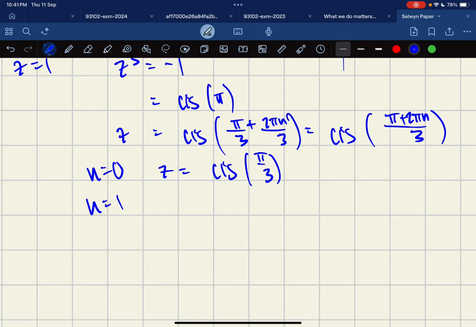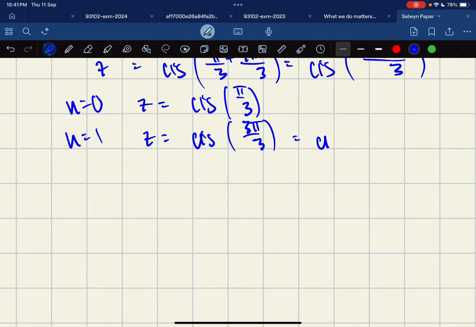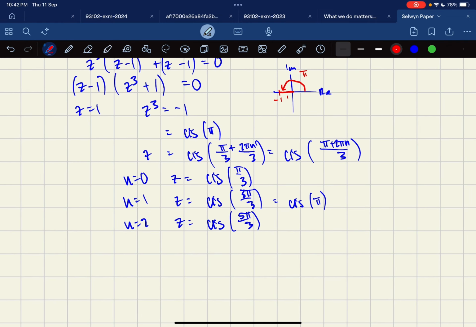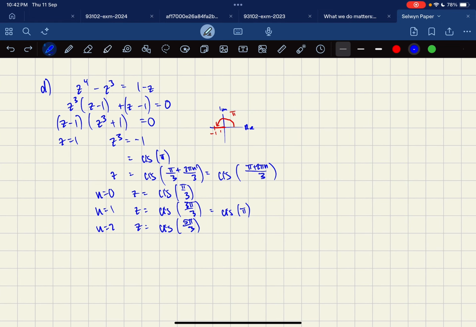When n equals 1, z equals cis of 3 pi over 3, or just cis of pi. And when n equals 2, z is equal to cis of 5 pi over 3. Again, there are only 3 solutions because the power is only 3, so we can stop there. Those are our answers, and I don't want to graph them because I don't care.